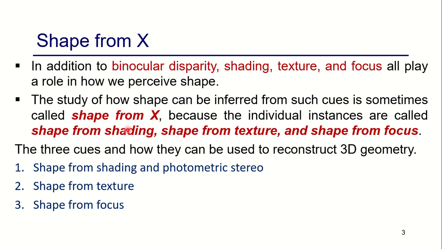So the X may be either shading or texture or focus. So from any of the characteristics of the object, we are recreating the shape. So the three cues and how they can be used to reconstruct the 3D geometry is called shape from X, and they are shape from shading and photometric stereo, shape from texture, and the third one is shape from focus.